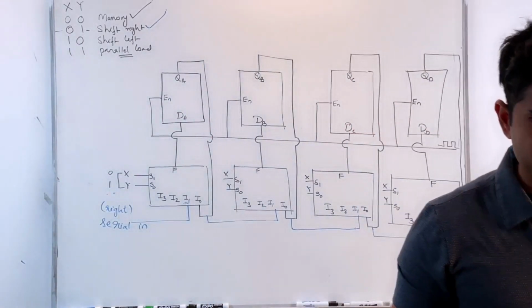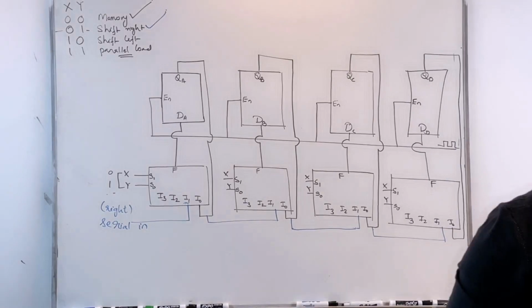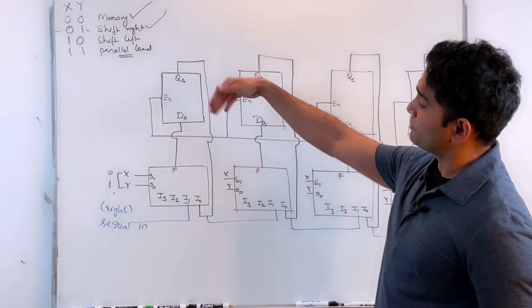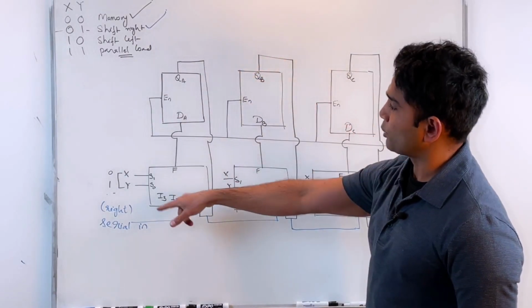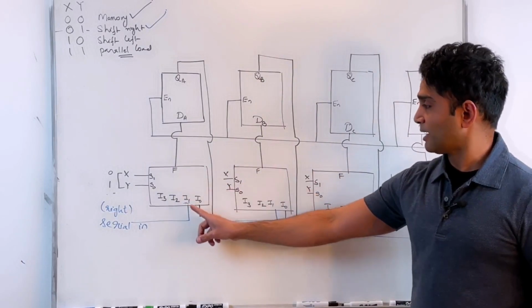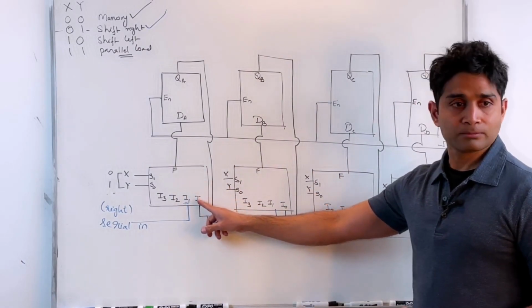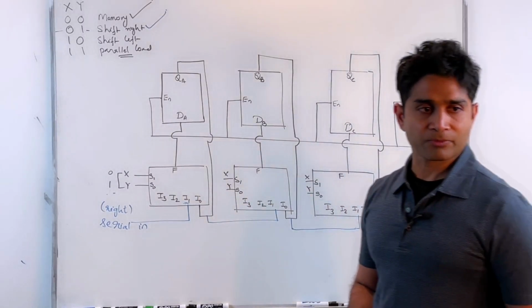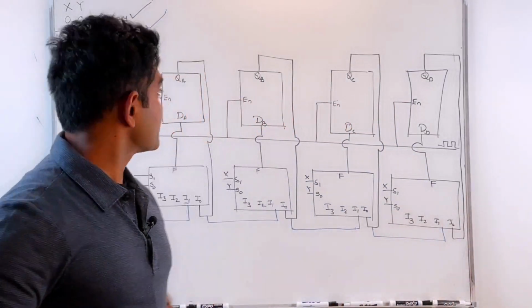Does that make sense, guys? 0, 0 corresponds to the memory, so we have the feedback. 0, 1 corresponds to the shift right, so I'm shifting the I0 value here into this, and so on.